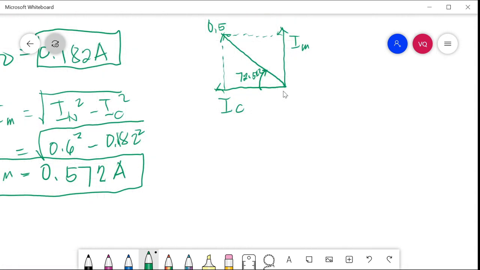So IC is equal to adjacent over hypotenuse.